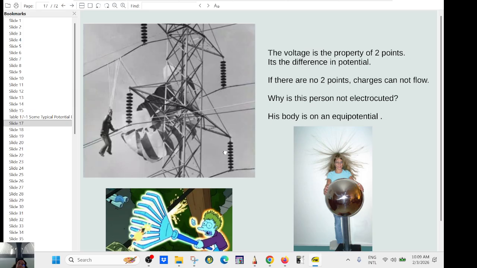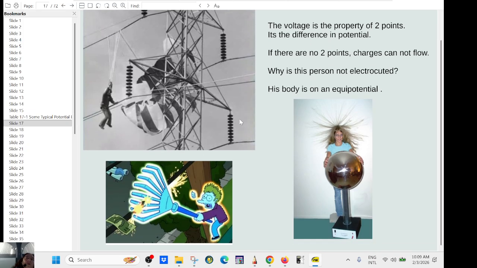Okay, so the thing to understand is that voltage is a property of 2 points. So if you want to be electrocuted, not that you want to be electrocuted, but you see this is 100,000 volts or more, the high tension line. If you are connected to ground, and this is a conductor, of course you're going to be electrocuted, okay, because you make a path for electricity to flow.